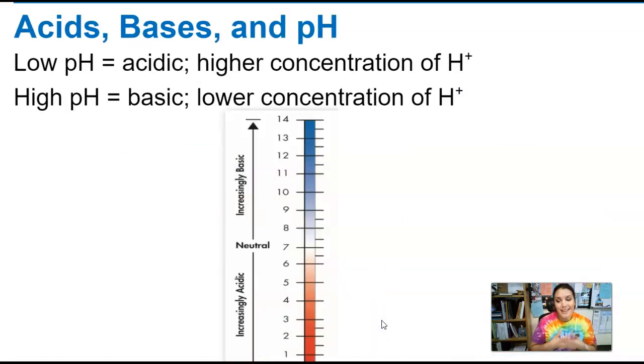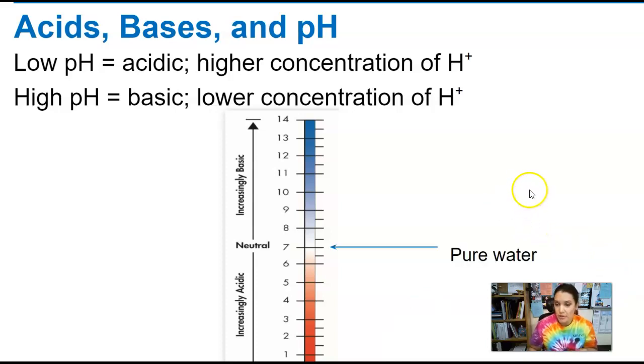Okay, and everybody's pretty familiar with this, I hope. There will be some little activities in the classroom to help you remember the pH scale. We've got low pH, means that it's acidic and has higher hydrogen ions, and a higher pH would be basic, which means lower concentrations of hydrogen ions, or H+.